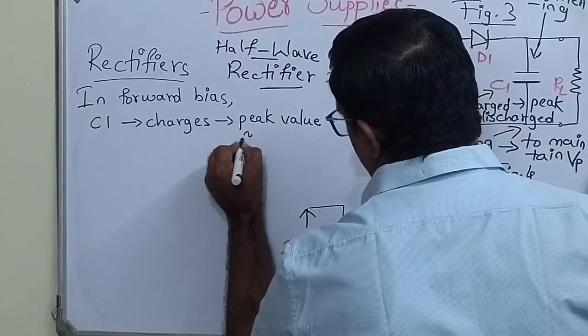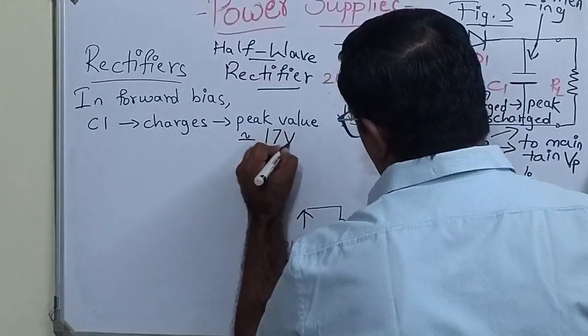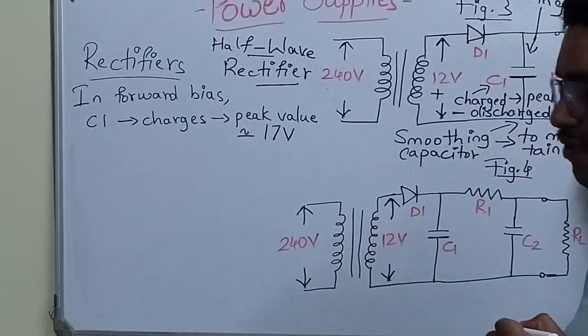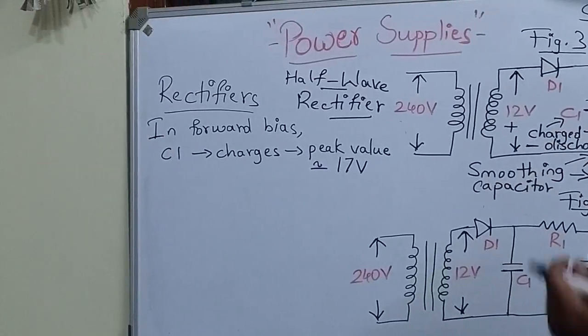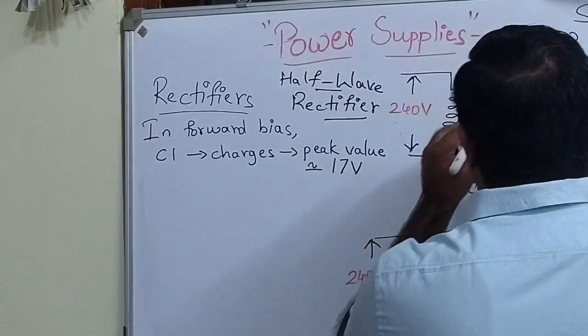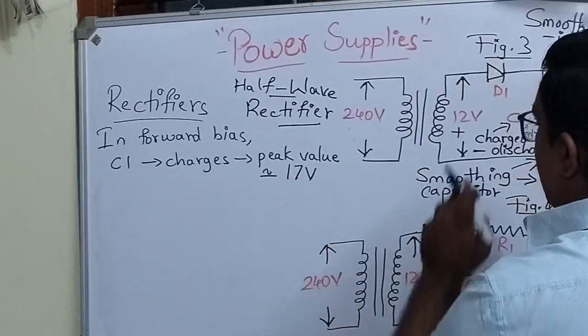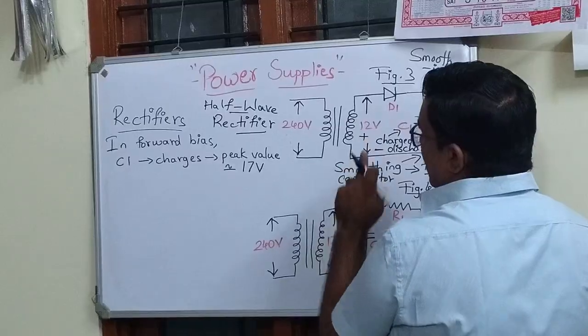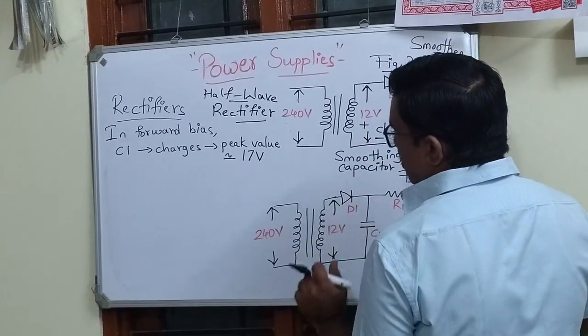This would be approximately 17 volts as we calculated before, assuming the voltage at the secondary terminal is 12 volts.